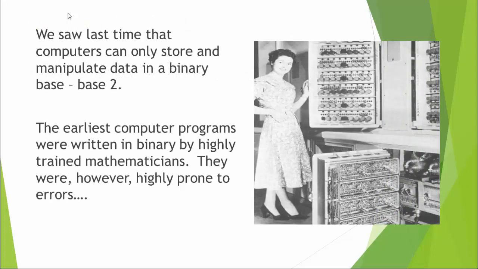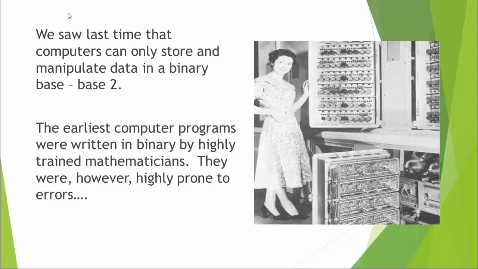We saw yesterday that computers can only store and manipulate data in a binary base 2, yeses and no's. And nothing about that has changed. The earliest computer programs were written in binary, if you can imagine this. Imagine highly trained mathematicians inputting zeros and ones.